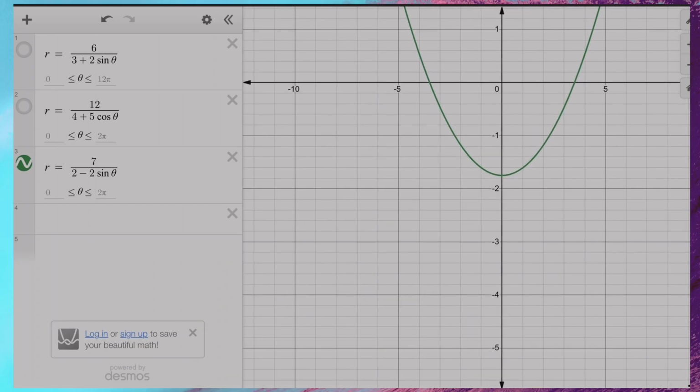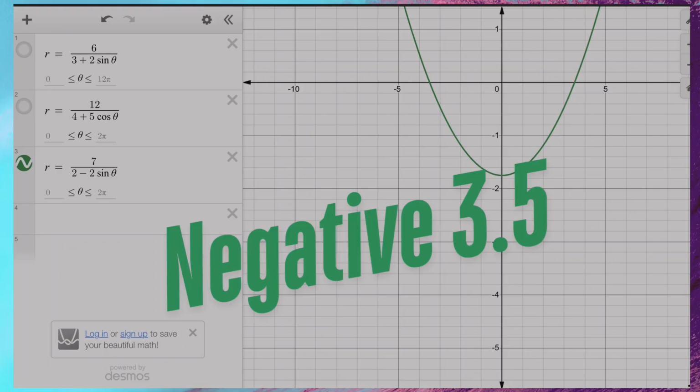This is the one we're used to seeing a directrix on. So the focus is at 0, 0, remember? Looks like our vertex is at -1.75. That distance, again, will give us a directrix at y equals 3.5. So that tracks with what we have learned about parabolas.